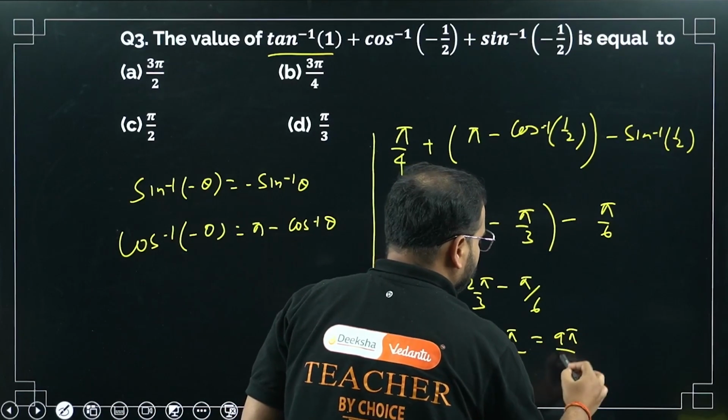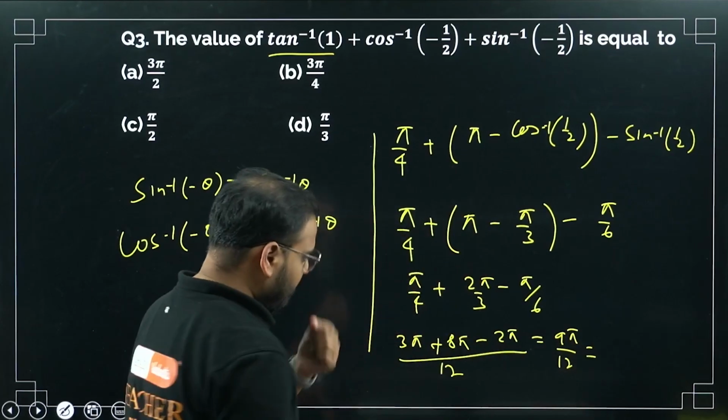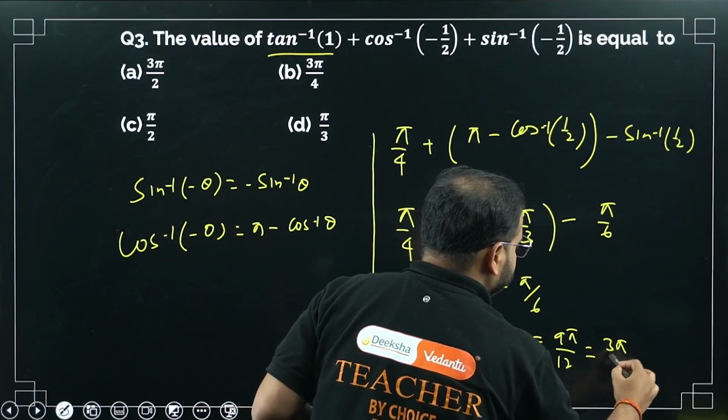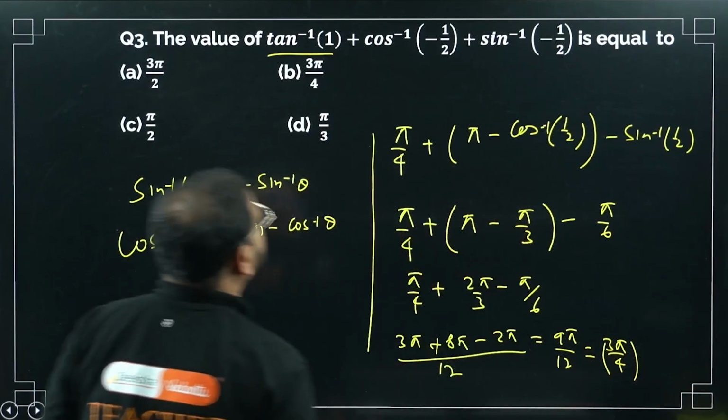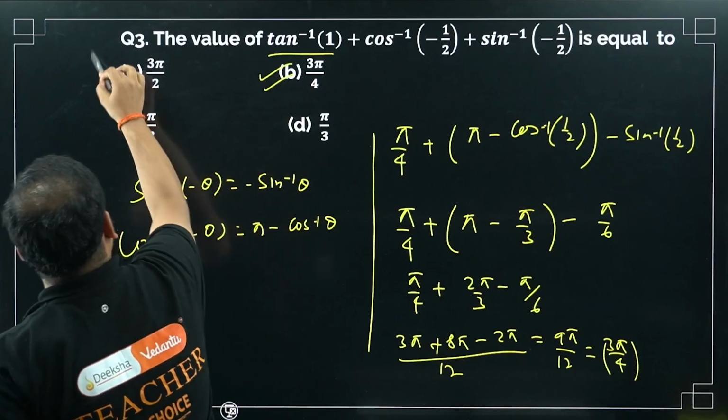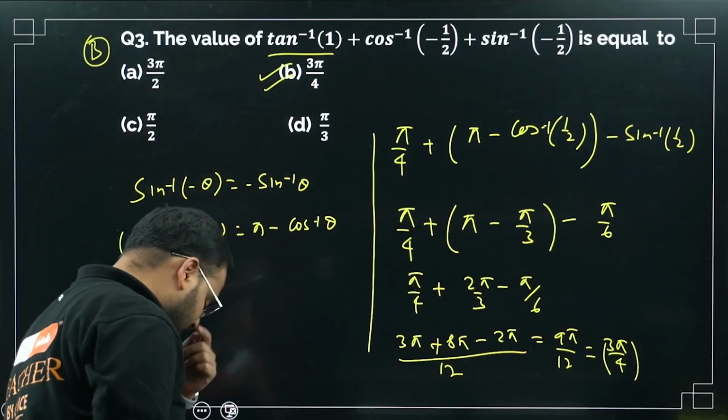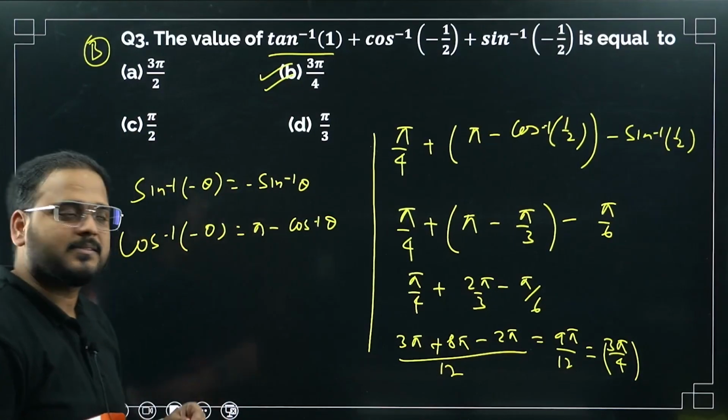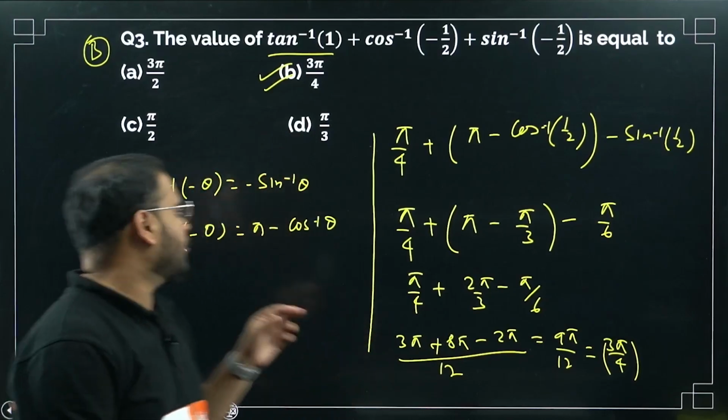So 9 pi by 12, which is 3 pi by 4. Any option like this? Option B is the correct answer. Just know all the angles and know these properties.